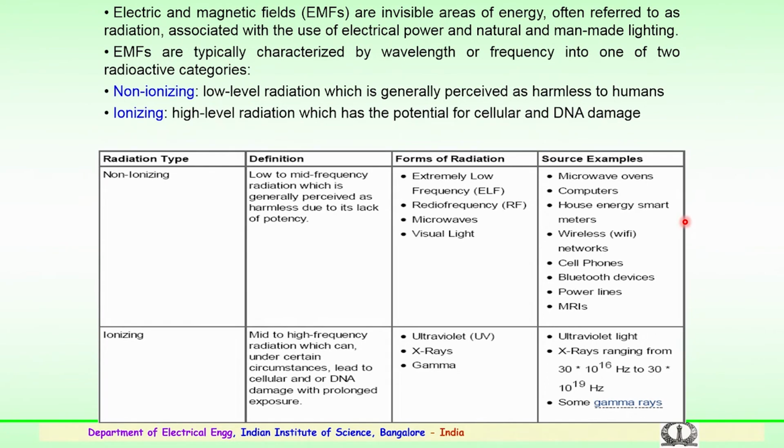One is the non-ionizing type, a low level radiation which is generally perceived as harmless to humans.